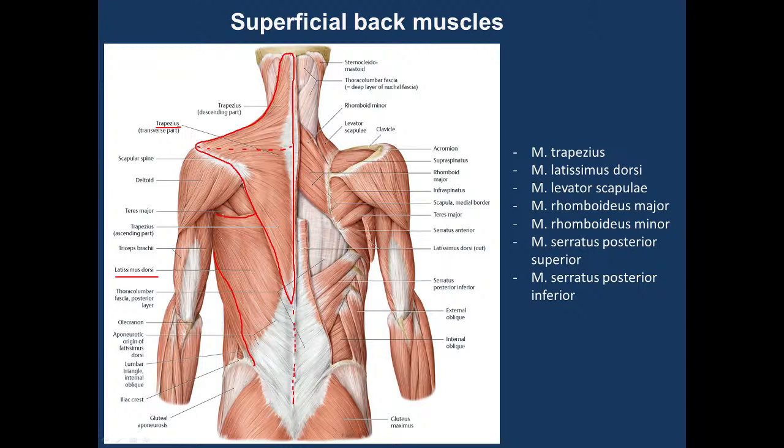So this muscle moves the upper limb back in the dorsal direction, and it also produces adduction of the upper limb.